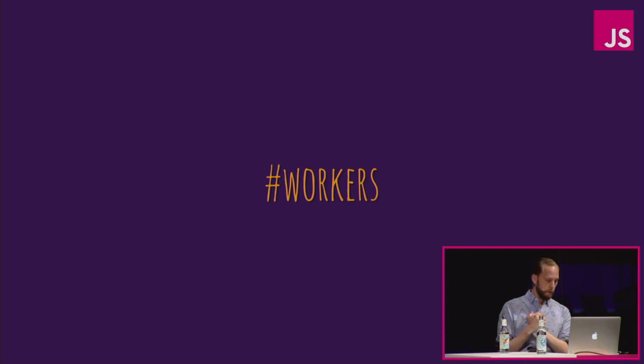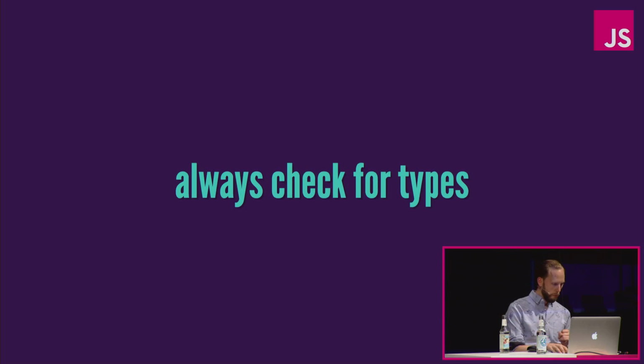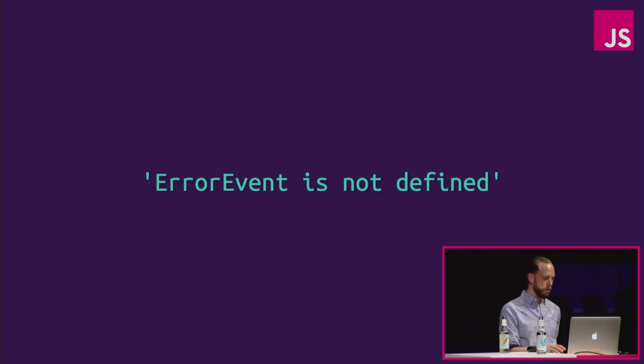And yeah, workers, also quite interesting, because the JavaScript we generate can be directly fed into a worker. And we learned that most of the time you can simply say, instead of the window, just use the self variable. That makes a lot of sense. But also, we were quite surprised that we always have to check for types. So if you, for instance, have some code like this in a worker, in strict mode, you will immediately get an error like this.